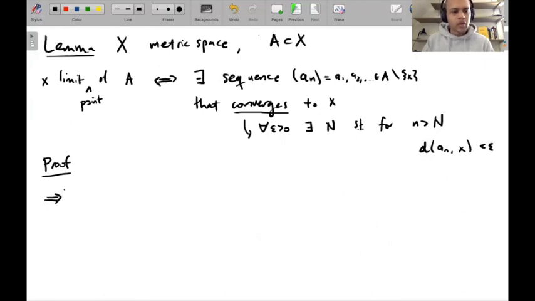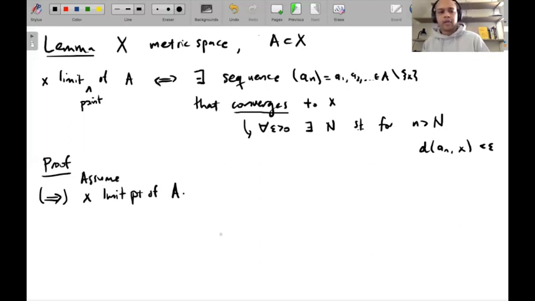So in the forward direction, if x is a limit point, so let's assume x is a limit point of A. So we want a sequence of points that converges to x. And the way to get such a thing is, well, x being a limit point means any open set around x contains a point of A other than x. So let's consider these particular open sets.